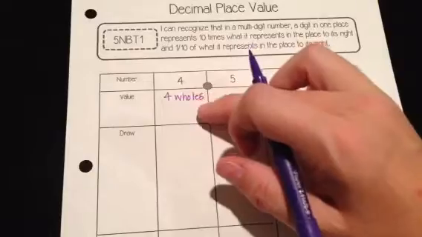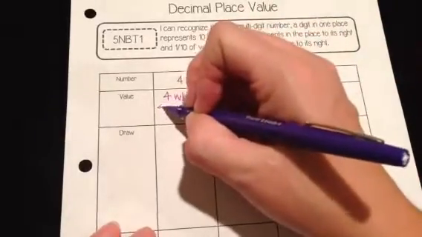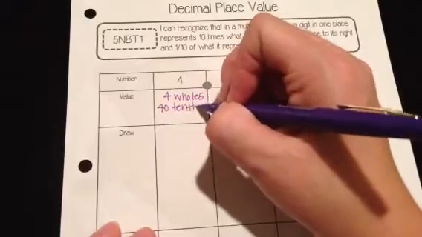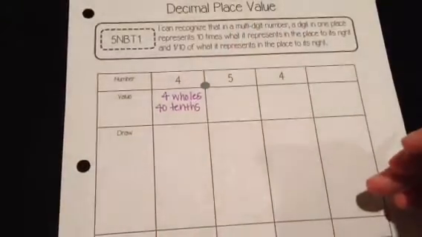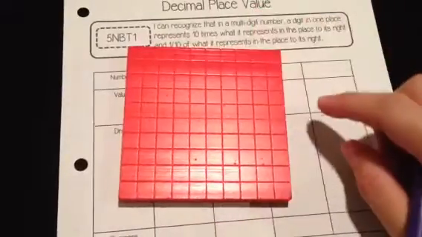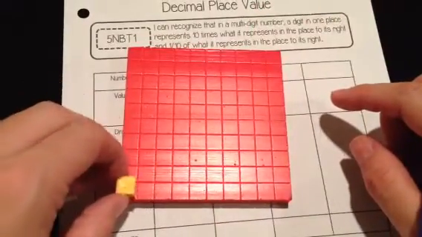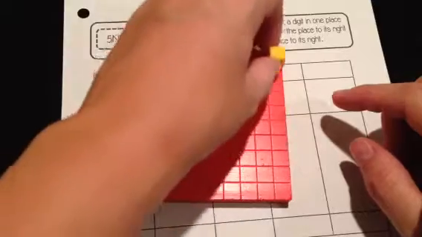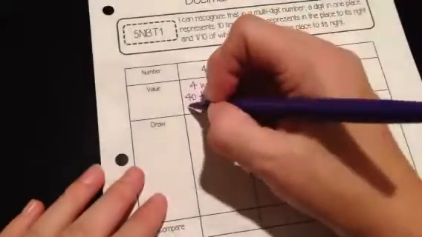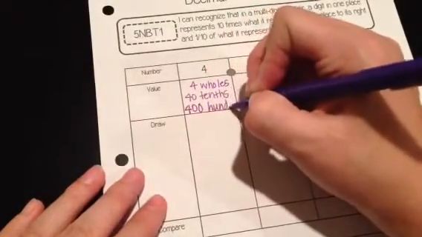So this 4 has a value of 4 wholes, but it also has a value of 40 tenths. And these 4 wholes, if we were looking at these hundredths pieces, each whole would have 100 of these. So 4 wholes is the same as 400 hundredths.